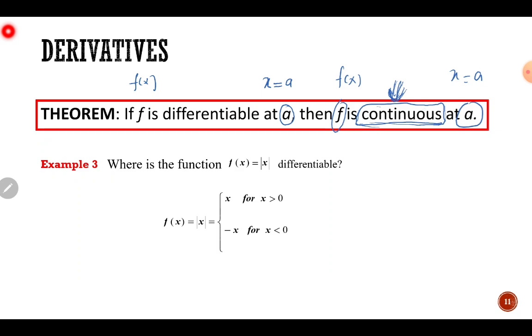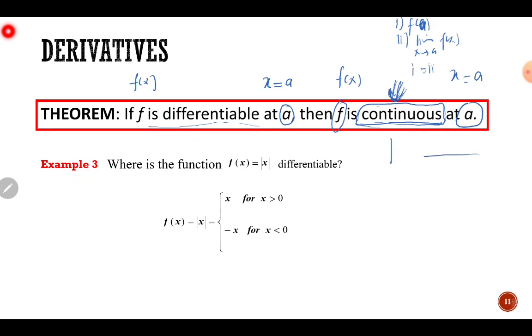Remember, for a function to be continuous, it must satisfy three conditions. f(a) must exist, the limit of f(x) as x approaches a must also exist, and then the first condition must equal the second condition. Then we can say the function is continuous. So here, if the function is differentiable, it is confirmed continuous.